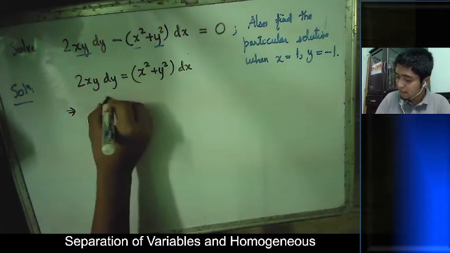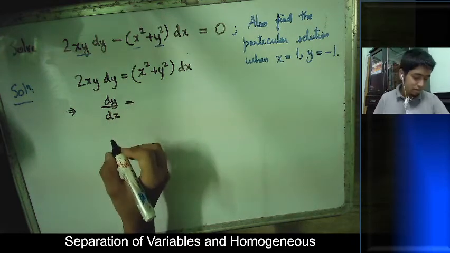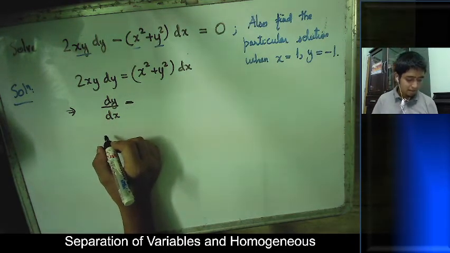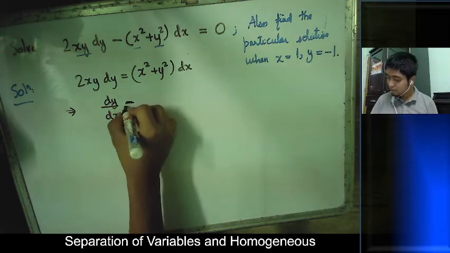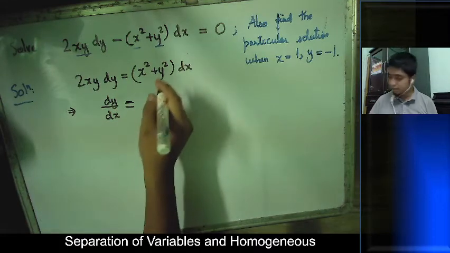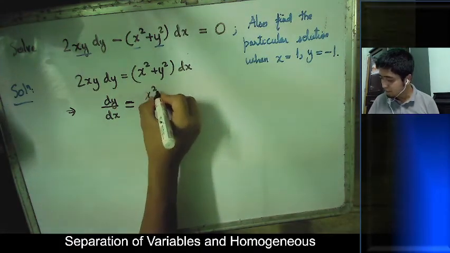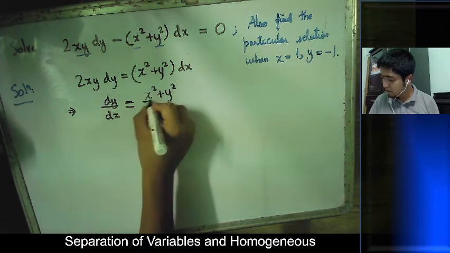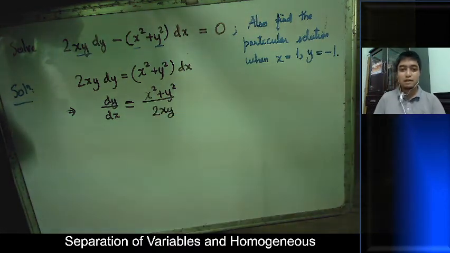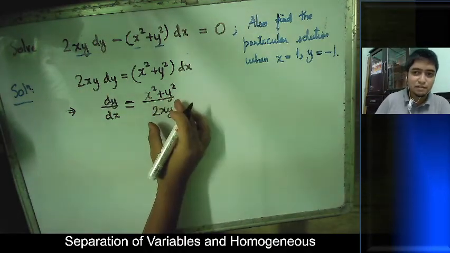This one can actually be written in this way: dy/dx equals x squared plus y squared upon 2xy. Now that we have written it in this way, we have completed the first step.